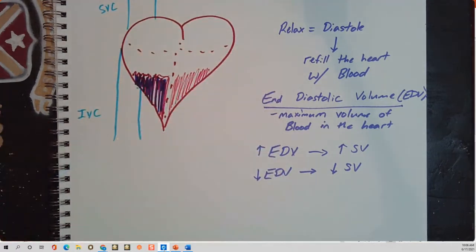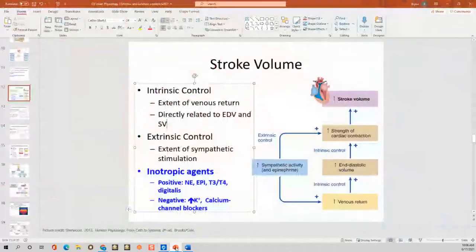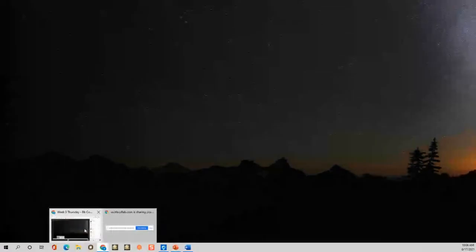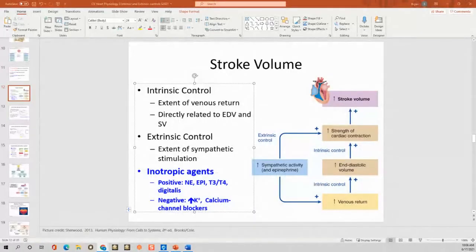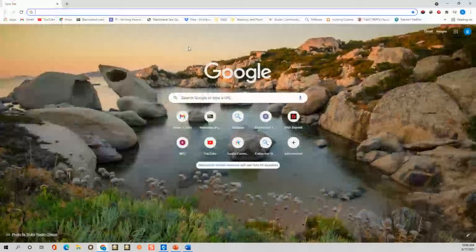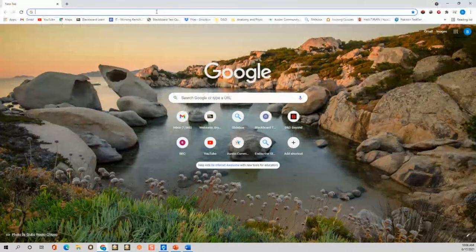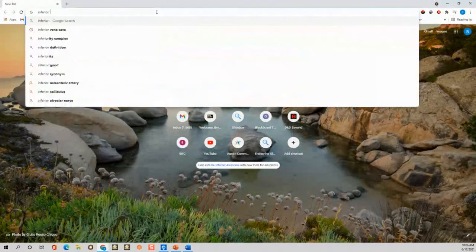Now, what I don't think students understand when they're first learning about the vena cava is that you're basically just looking at a picture or a model of a heart, and you're not looking at the rest of the body.